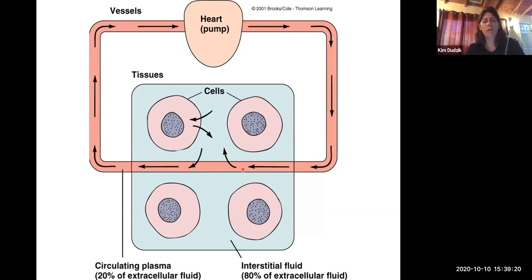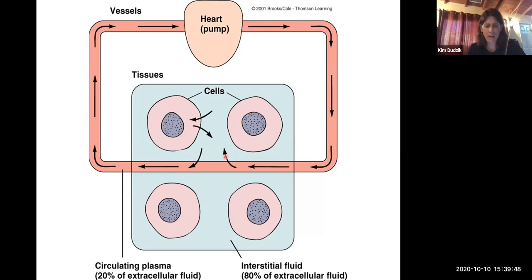So it's going to move from the area of high concentration to low. A cell doing work is making waste products. So that means it's higher in the cell than it is in the blood, because the blood is always carrying it away to organs that can get rid of the waste products out of our body. So that's why things want to move out of the cell back into the blood vessels.